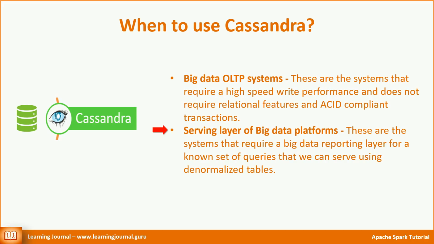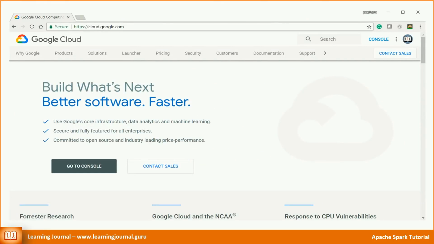Serving layer of big data platforms. These are the systems that require a big data reporting layer for a known set of queries that we can serve using denormalized tables. So, if you have any of these big data use cases, you might need to implement read-write to Cassandra database. How to connect Apache Spark with Cassandra?